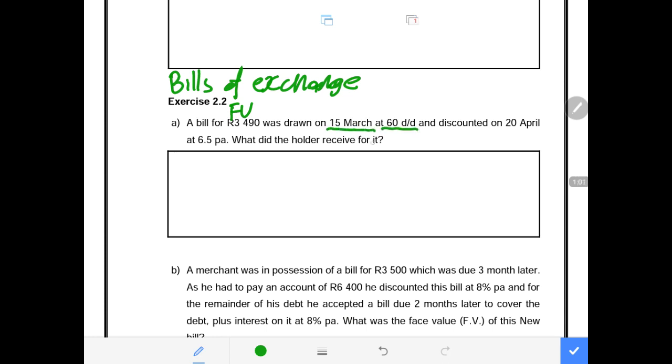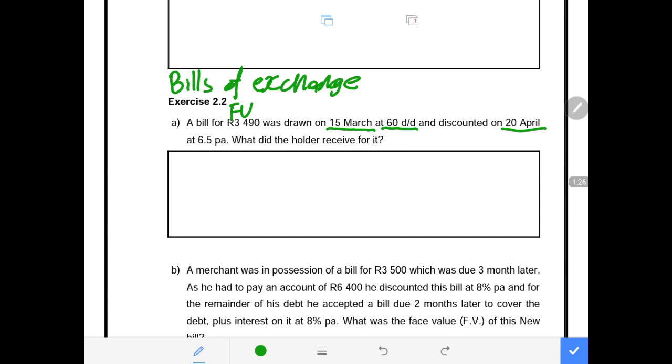That means the due date of this bill is 60 days after the 15th of March. Then it was discounted on the 20th of April in the same year at 6.5%. That is a percentage per annum.